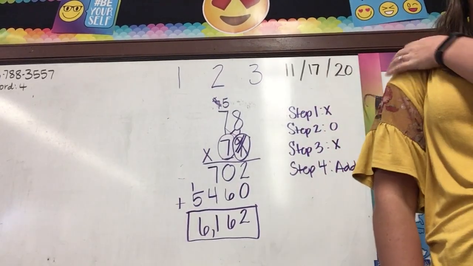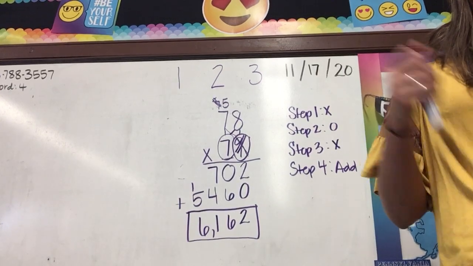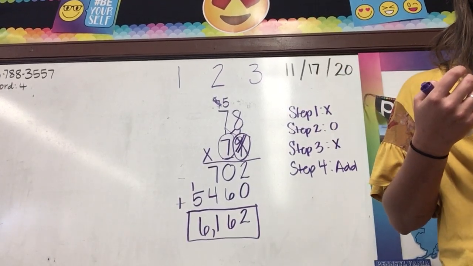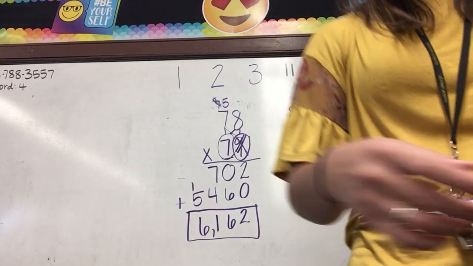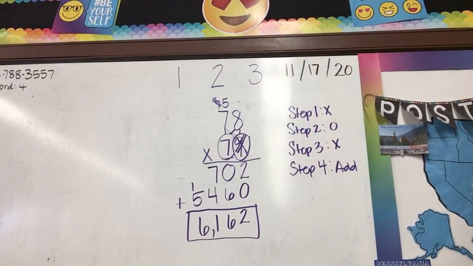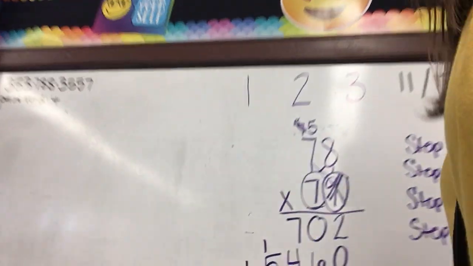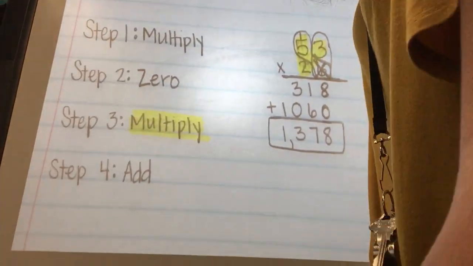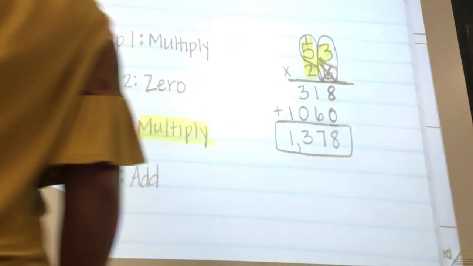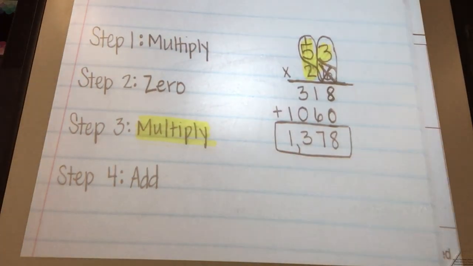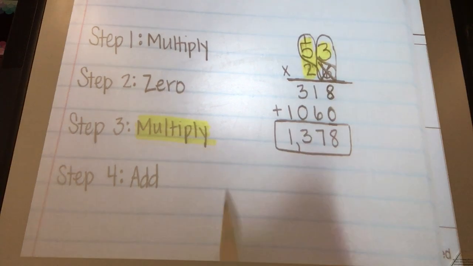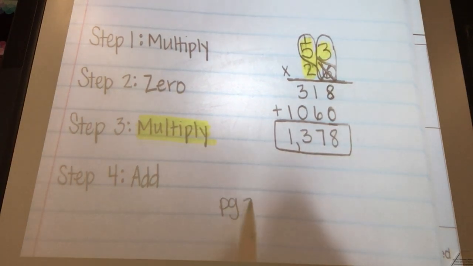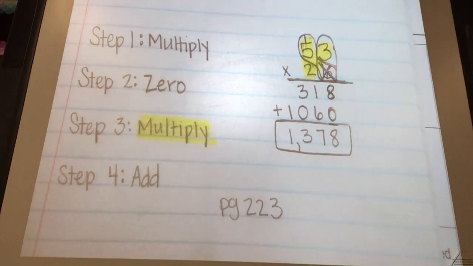Okay, listen. Here's what I need for you guys to do. I need you to erase your boards. I would like for you to get out your math book and turn to page 223.